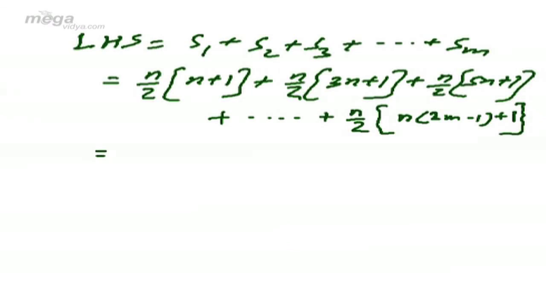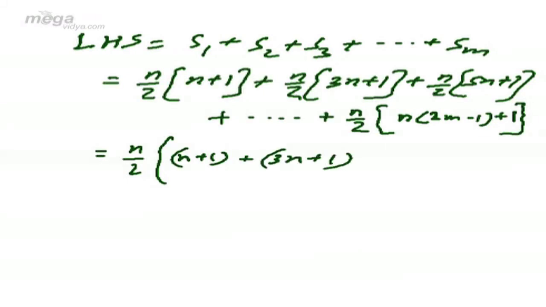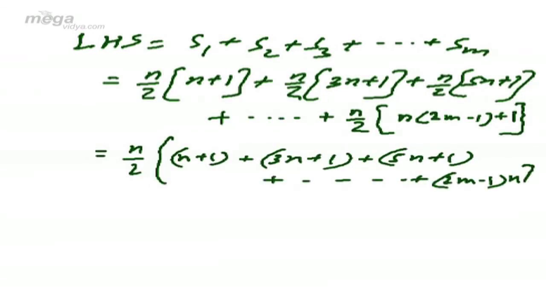In this series, I just take n by 2 common. Then n plus 1 is the first term, 3n plus 1 is the second term, 5n plus 1 is the third term, and this goes up to (2m minus 1) into n plus 1, which is the last term of this series. This series is also in AP because the difference between two consecutive terms is the same.